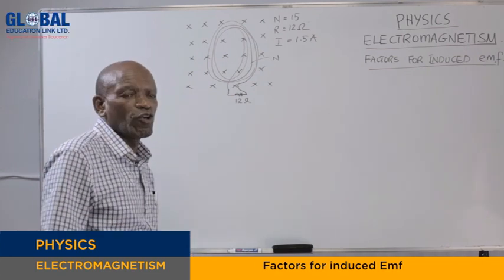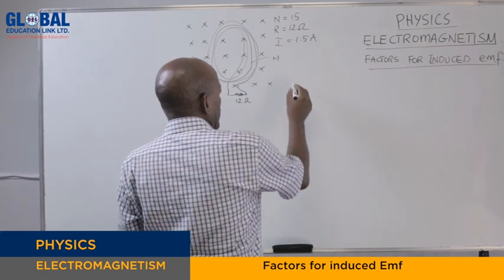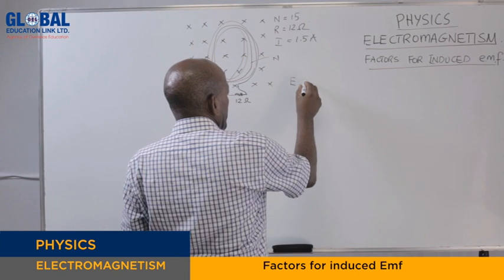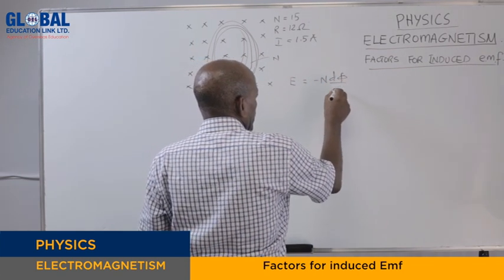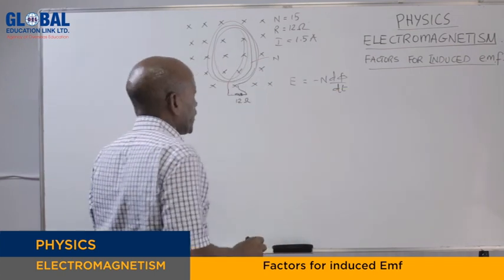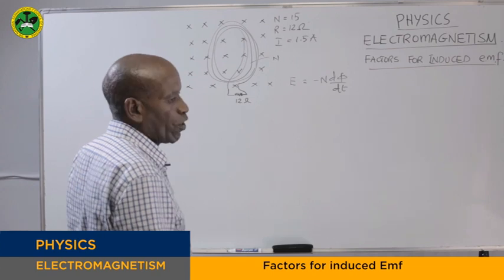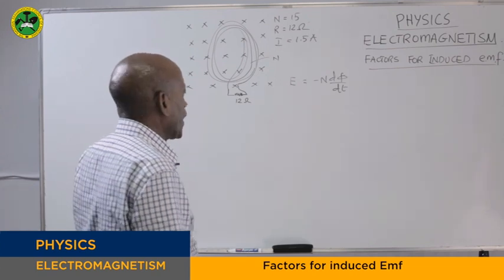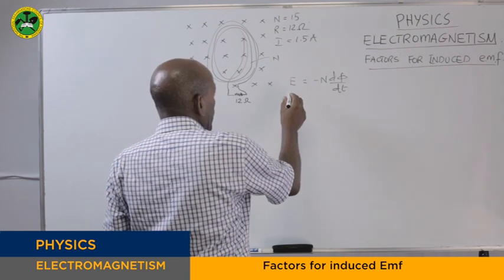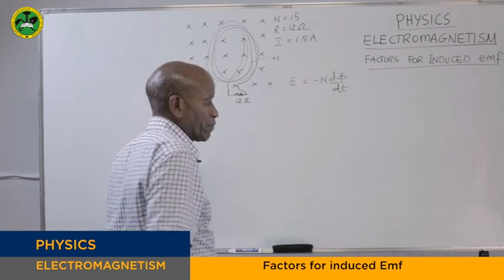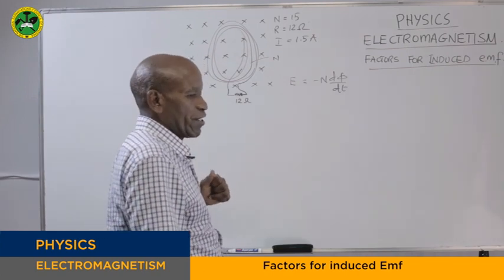So here we are going to rely on Faraday's law. From Faraday's law, we found that E is equal to minus d phi dt. And we all know that the EMF E is the one which we need to find.